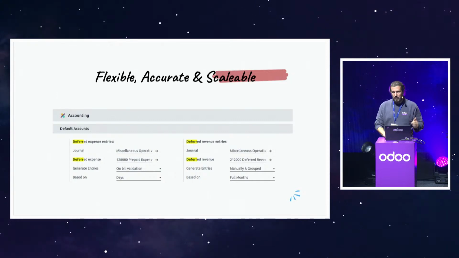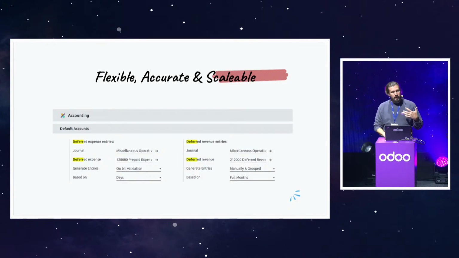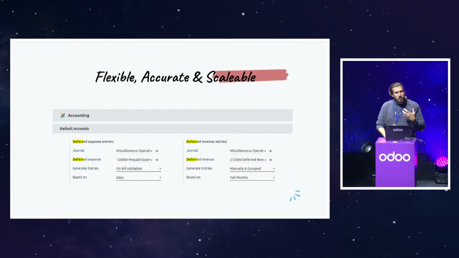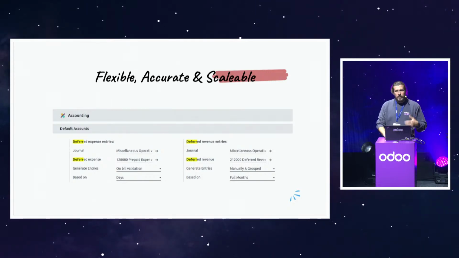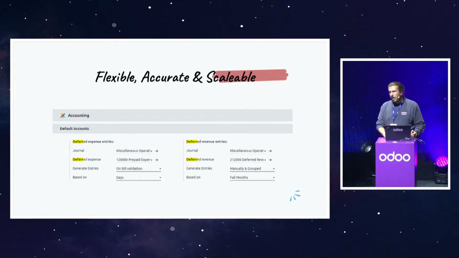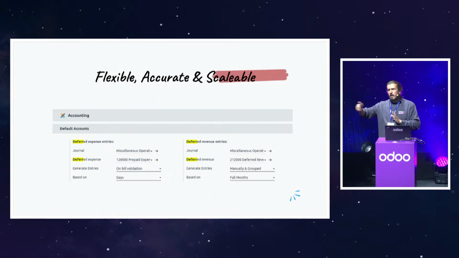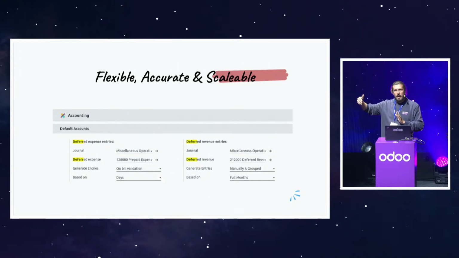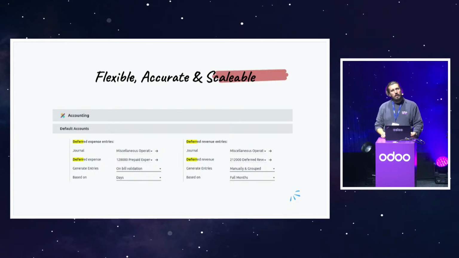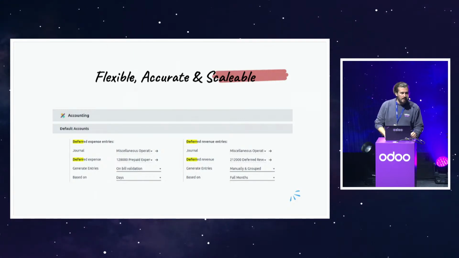They are not impacting yet your P&L, profit and loss. Then you have a third setting, which is the way you will generate entries. Either it's automatic or it's manual. Automatic means each time you confirm an invoice, the deferrals will be computed in the future, and they will auto-post as time passes by. Or you can do it manually, and this is the better way, the enhancement that we provide today.